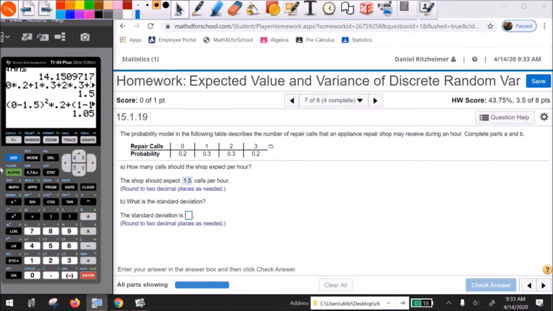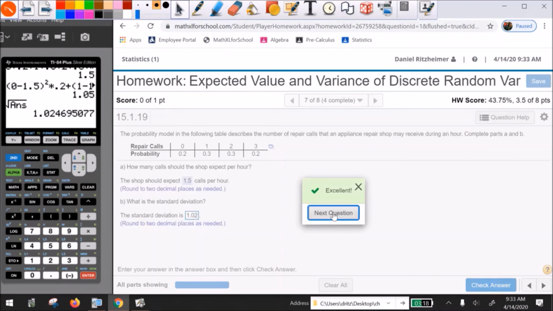That's my variance. Standard deviation is the square root of the variance. So 1.02. Alright, next question.